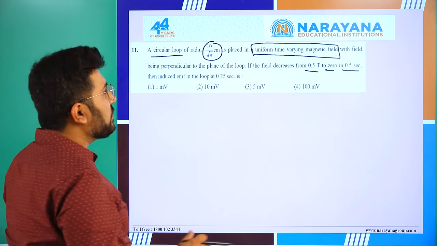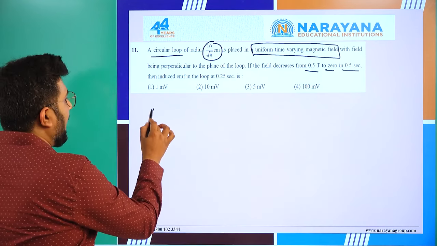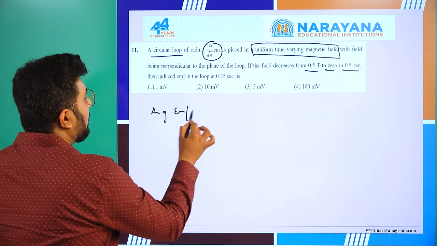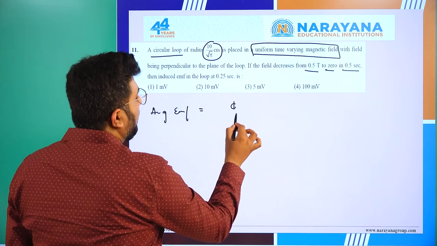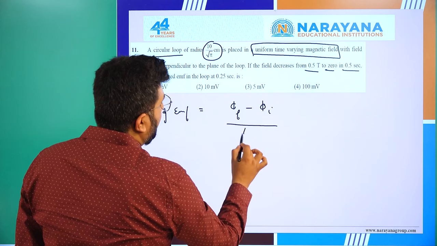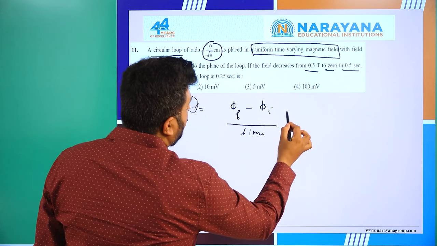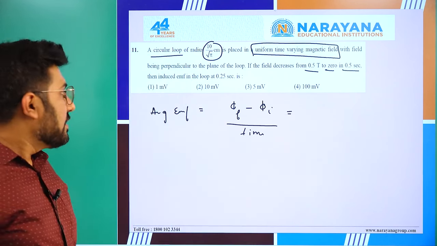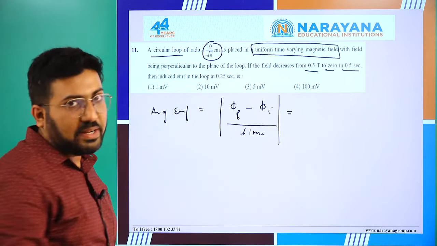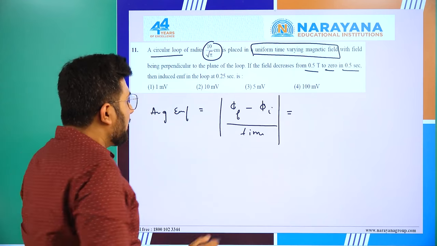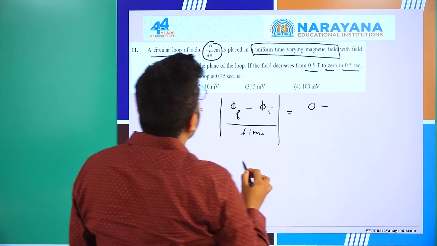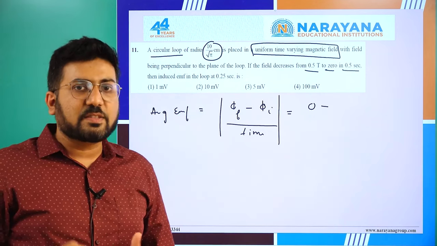So what I will do here, you know that the average EMF induced is equal to flux final minus flux initial divided by the time. Now for the flux, I'll just write the magnitude, I just need the magnitude. So the final flux is 0, the initial flux is B into area.